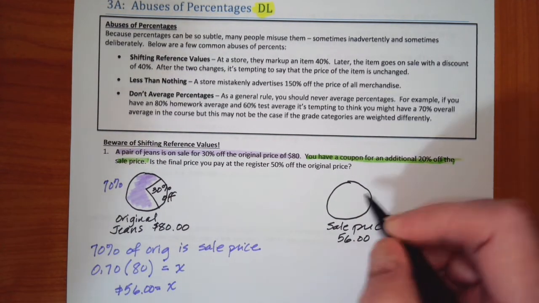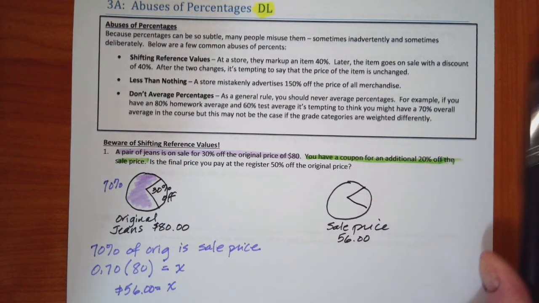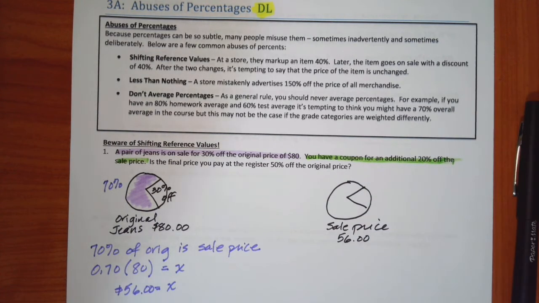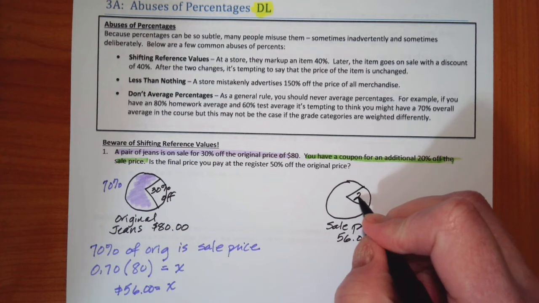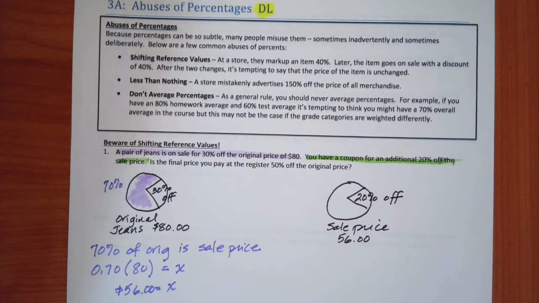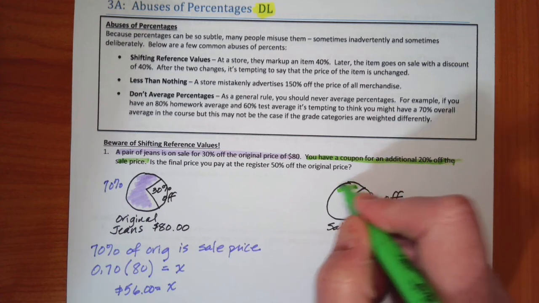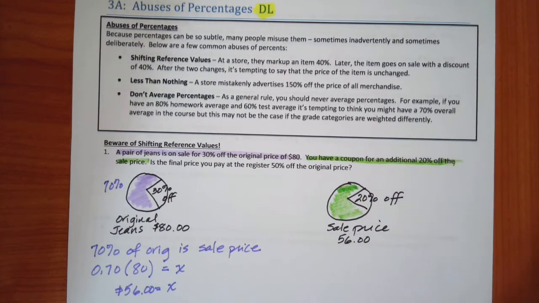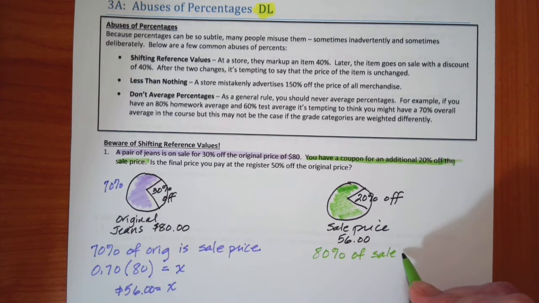And we have 20% off of that. My circles are awful. So this is 20% off, which means what we're paying here is, if you get 20% off, then what you're paying is 80% of the sale price, which is the final price.